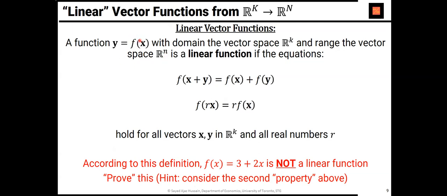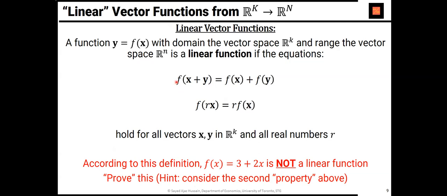Such a function is called a linear function whenever the following two equations are true. And I really hope that the use of y here, which I did on purpose, doesn't confuse you. This y is not the same as that y, because it's notation, so you can use any variable to denote a set of inputs. As long as these two properties are true, it will be a linear function.